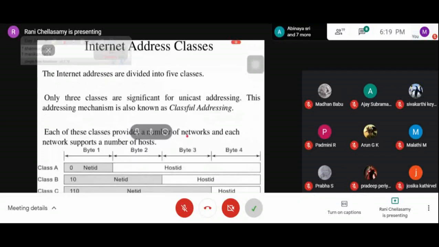Internet IP addresses are divided into 5 classes. Out of the 5 classes, 3 classes are mostly used. These 3 classes are significant for unicast addressing, and this addressing mechanism is called classful addressing.